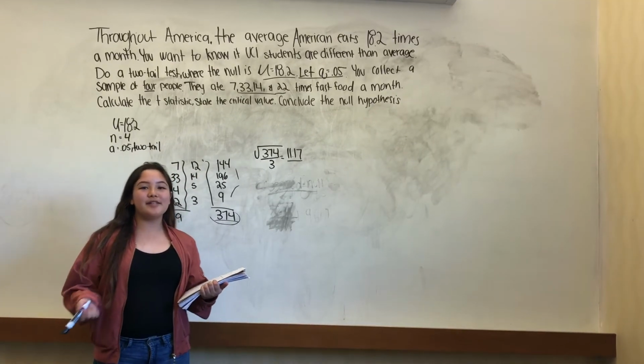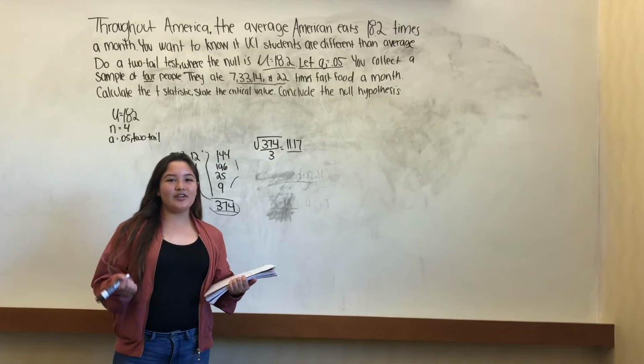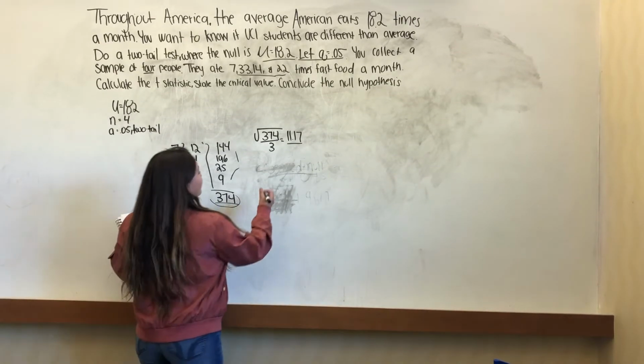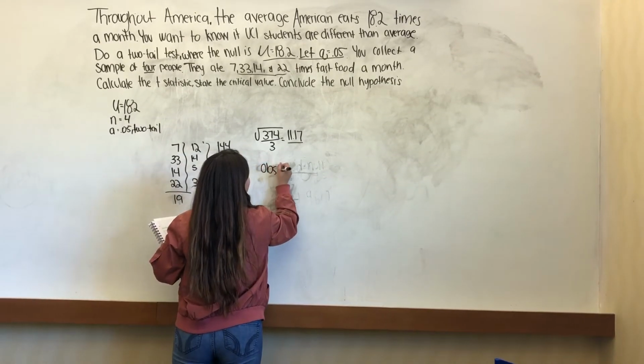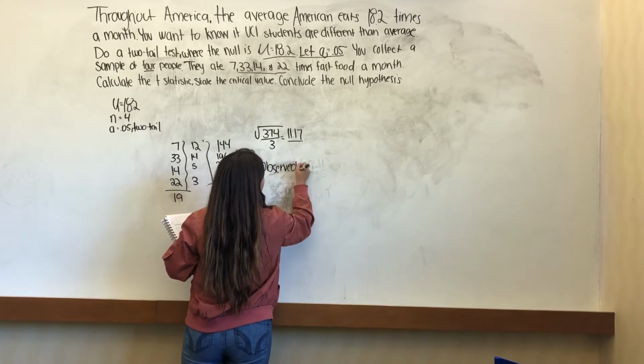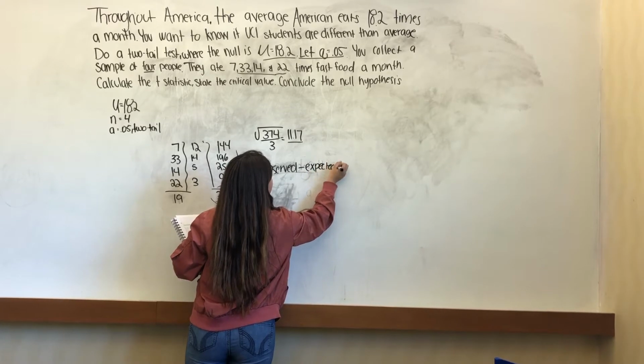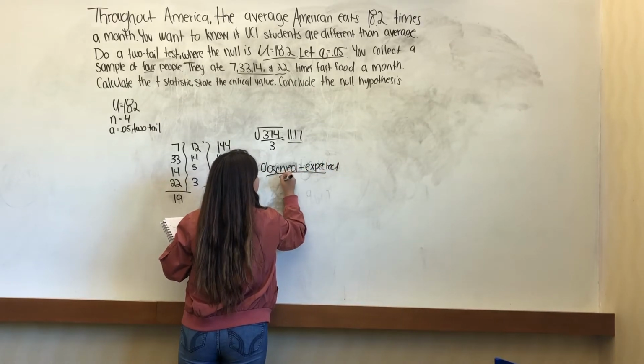The fourth step is to finally find the t-statistic. In order to find the t-statistic, we use the equation of observed minus expected over standard error.